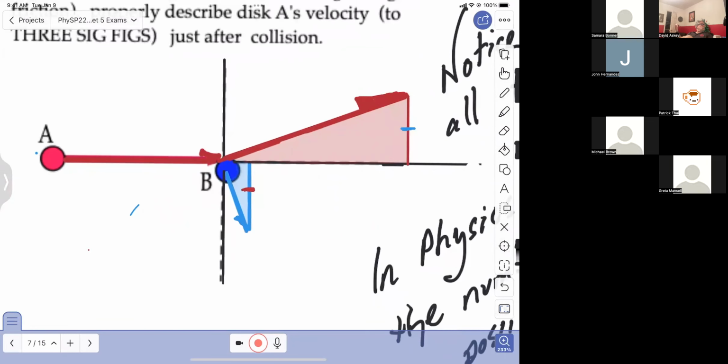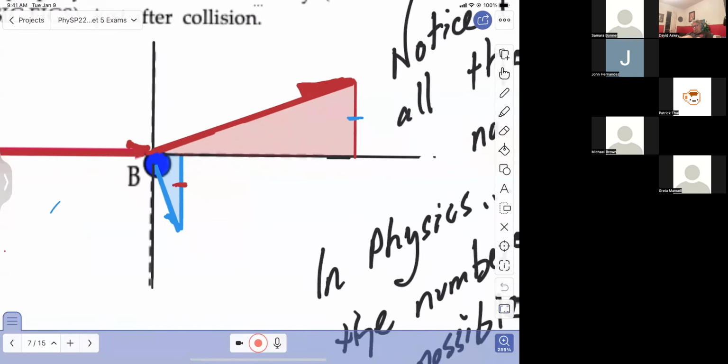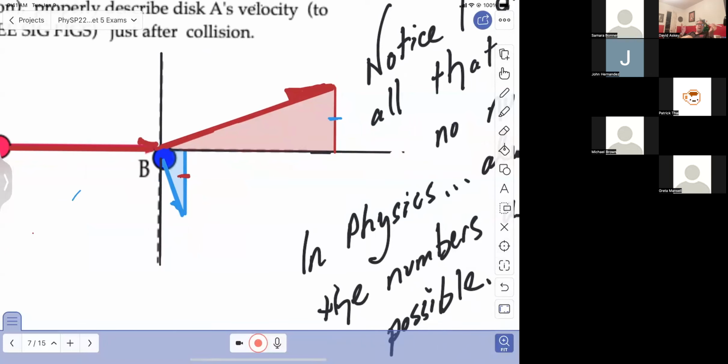Anybody want to turn on the mic and answer that, or in the chat? Patrick said the Y length matches the blue length. That's true, the two lengths. So I took my ruler and put it on there until that length was the same as that length, and I knew it was 20 degrees because it's a shortcut.